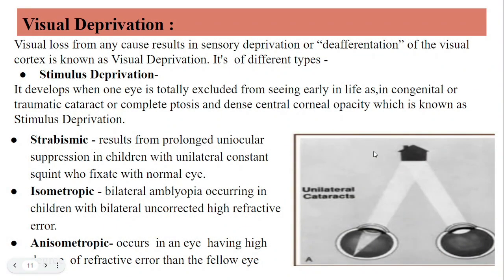Visual deprivation refers to the loss of visual input to the brain, which can occur due to various causes, including congenital or acquired conditions such as cataract, ptosis, or corneal opacities.